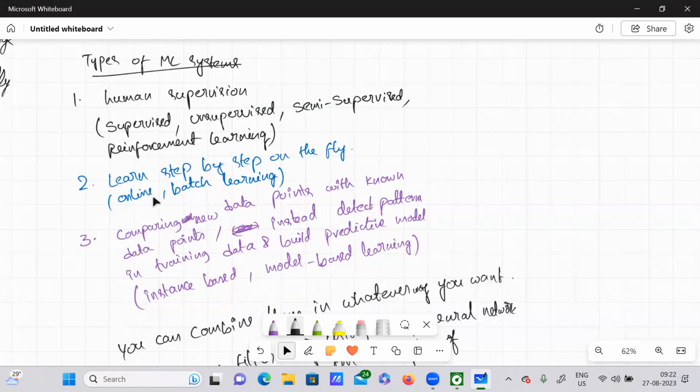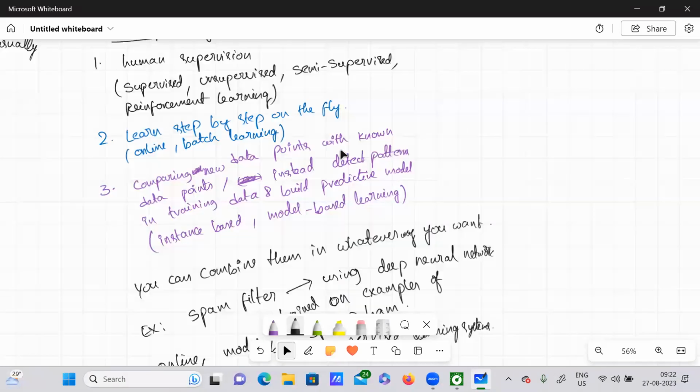And depending upon the learning, that is step by step on the fly, our algorithms have been classified as online and batch learning. And comparing the new data points with the older ones, algorithms have been classified as instance based and model based learning.